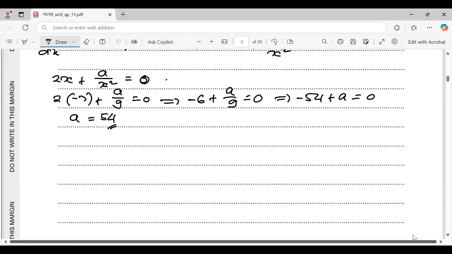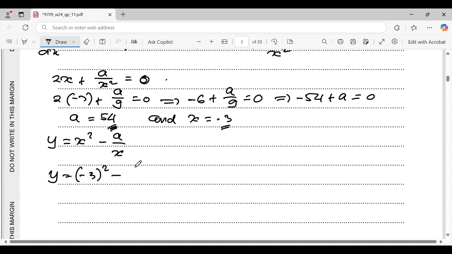After that, we're going to substitute a equals 54 and x equals minus 3, based on the previous information, into the original equation, y equals x squared minus a over x. Now substitute this result and this result. So it becomes y equals minus 3 squared minus 54 over minus 3.